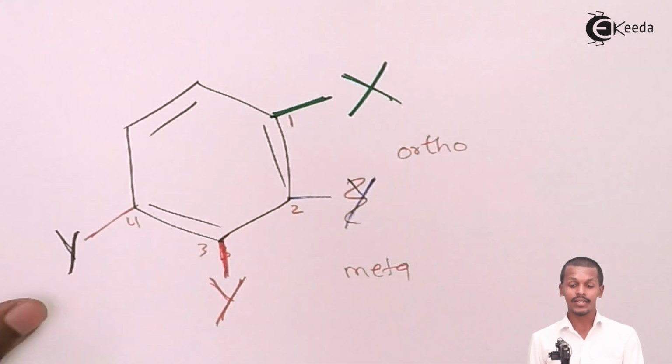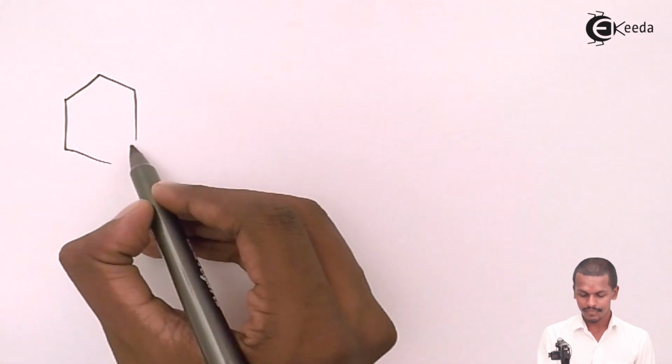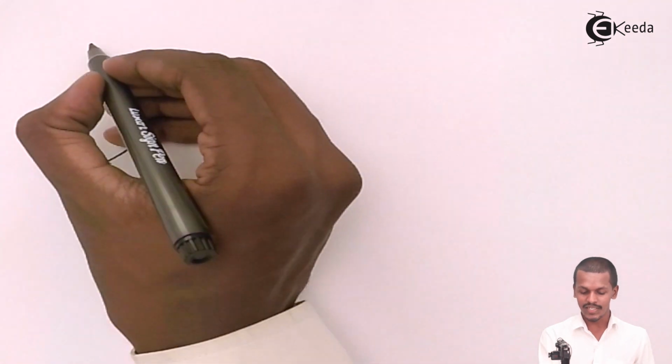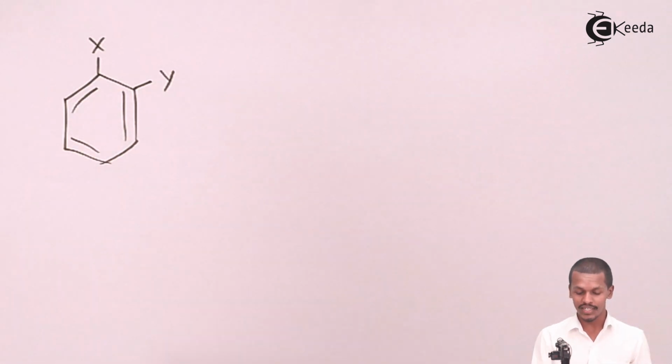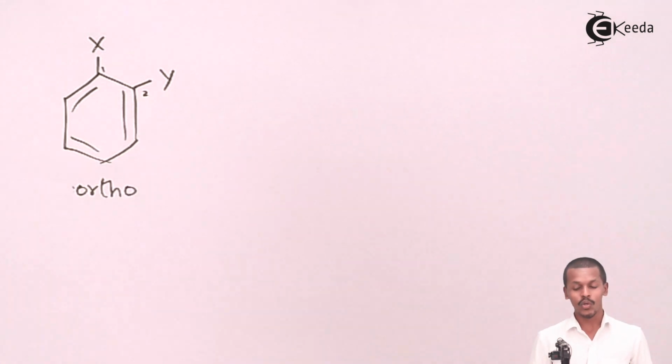Let me introduce this so as to make it clear. In a disubstituted benzene present in this way, the groups are in ortho position, carbon number 1 and carbon number 2, so this is known as the ortho isomer.